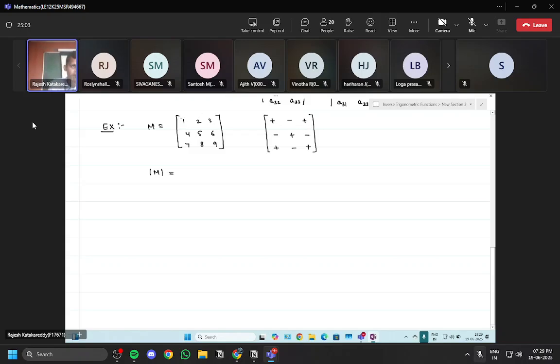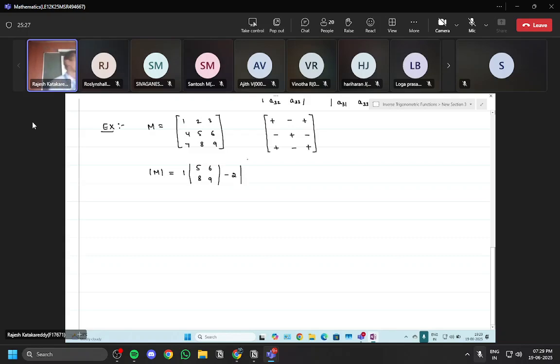First row, first column element along with the sign, that is 1 into, after that delete row 1 and column 1. Take the remaining thing as a determinant. This is determinant of 5, 6, 8 and 9. Now this is 2. Consider the element along with the sign in front of it, that is minus 2.